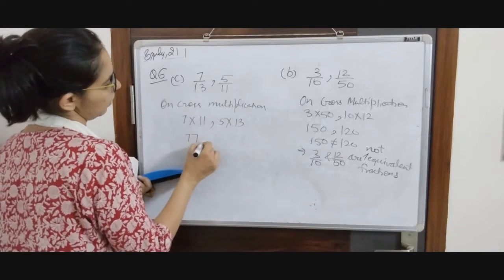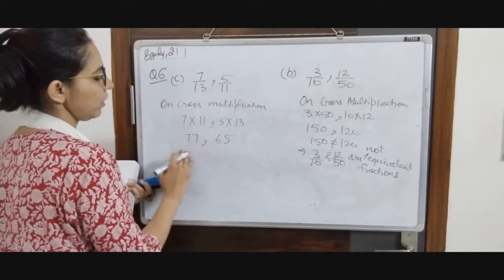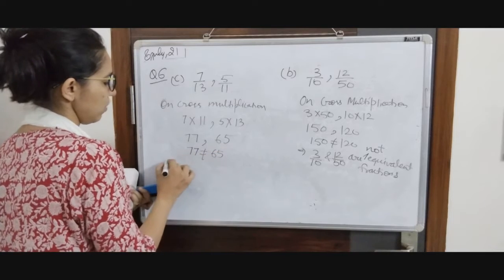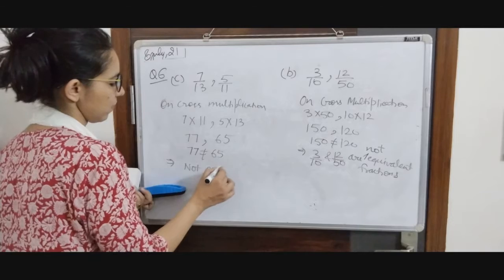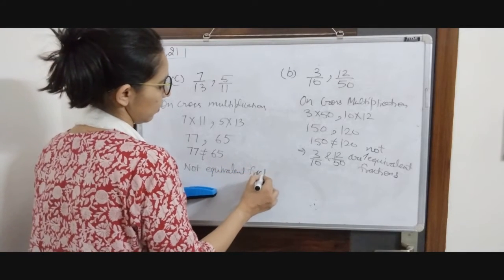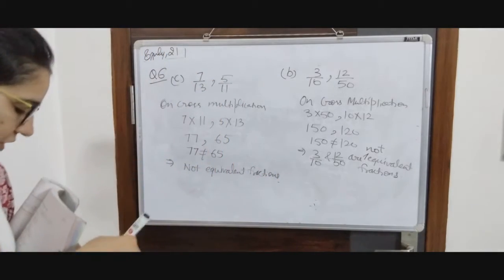It is going to be 77. Okay, they are not equal. 77 is not equal to 65. Implies not equivalent fractions. Which ones? The given ones. These are not equivalent fractions.